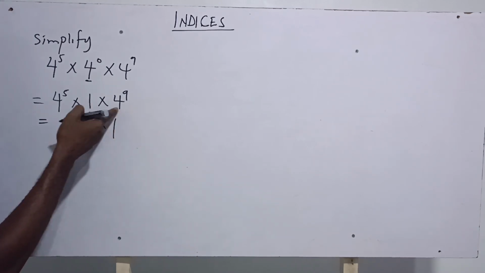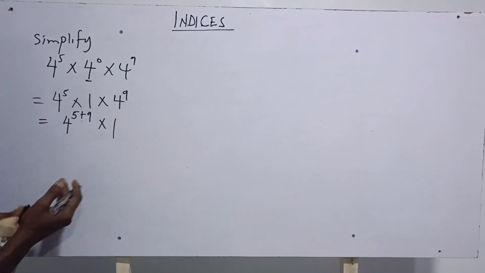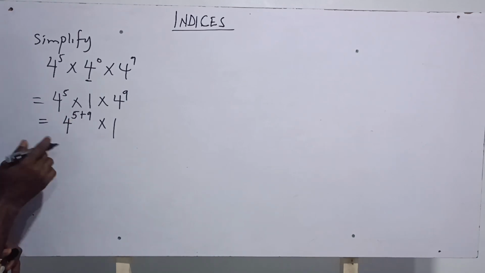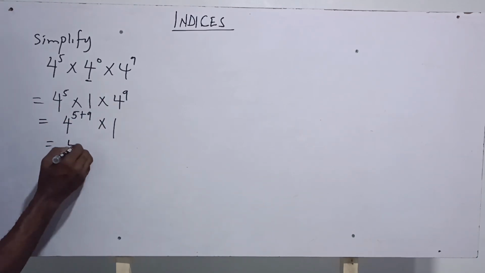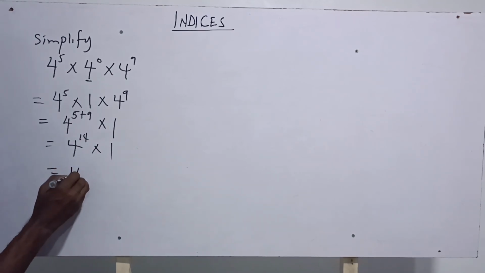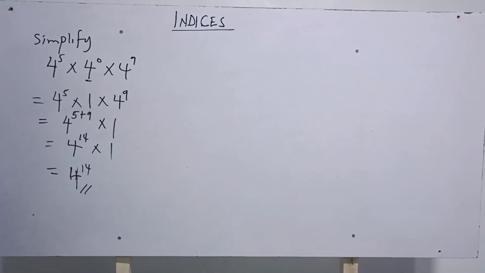This 4 and this 4 carry 5 and 9. They are the same, so we bring the indices together and add them. This gives us 4 raised to power 5 plus 9, which is 4 raised to power 14 multiplied by 1, which gives 4 raised to power 14, our final answer in this case.